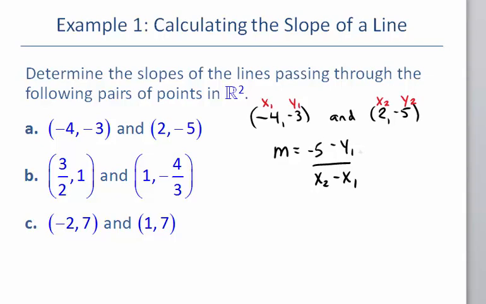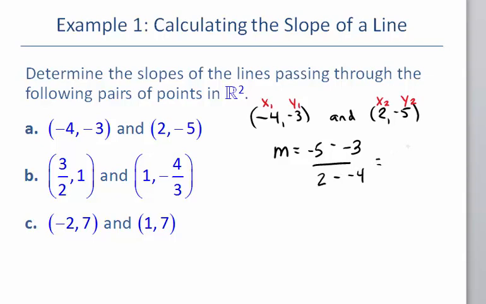In place of the y1, we will put a -3. In place of the x2, we will put a 2. And in place of the x1, we'll put a -4.